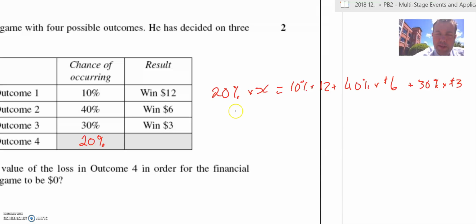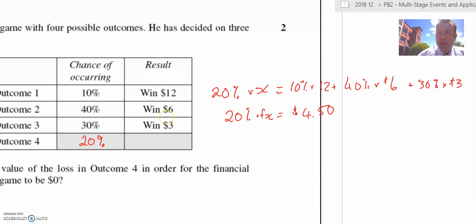Okay, that tells me that 20% of x equals, I think that's $22.50. No, it's not. I'm jumping the gun here. You can see that I've already worked out the answer. Equals $4.50. Right.